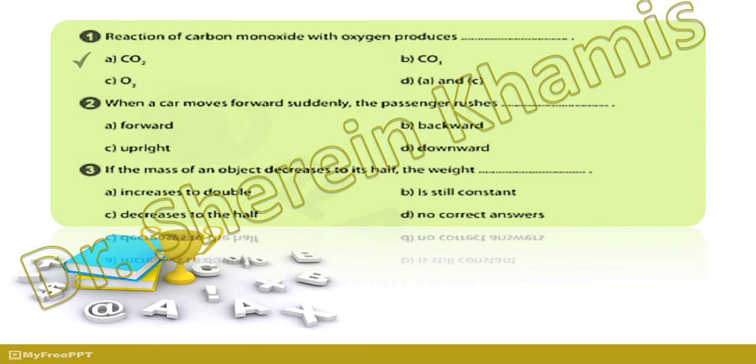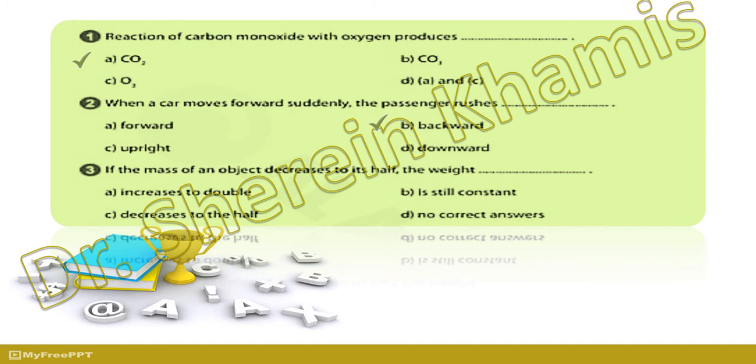Question 2. When the car moves forward suddenly, the passengers rush. We said that the passengers take the speed of the car, so they will rush what? They will rush backward, as the car suddenly prevents the action.